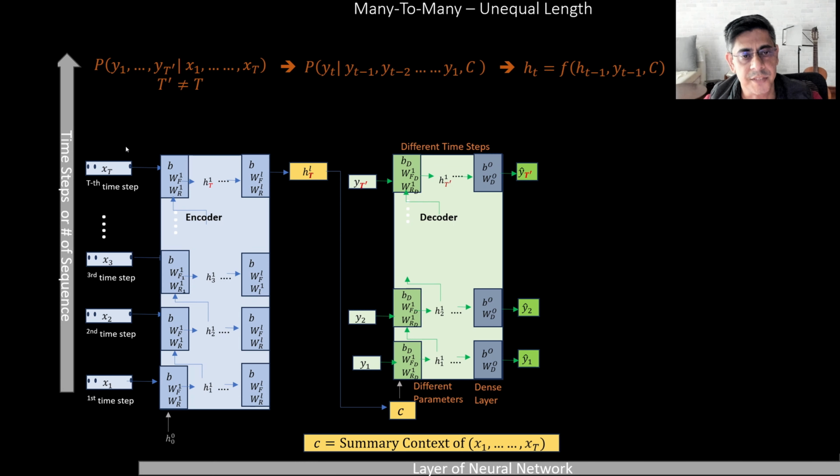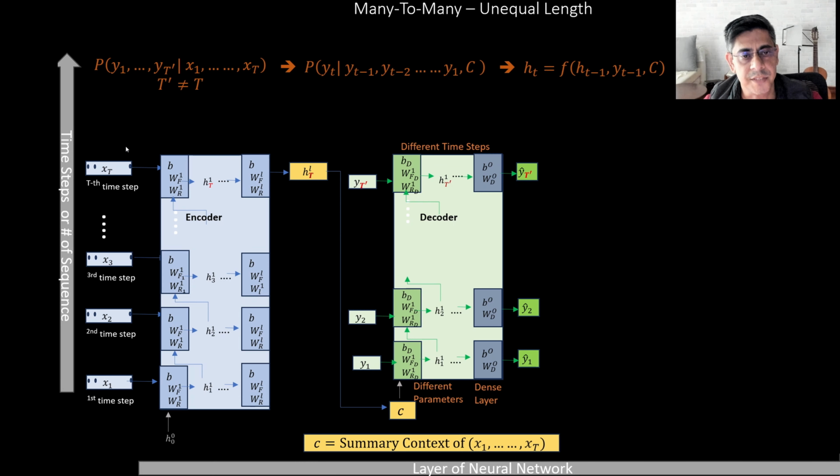Apart from other problems which we discussed for RNN, gradient vanishing, the recurrent nature, this is an additional problem when you are talking about machine translation: because of unequal length, we are trying to pass summary information as a context to the decoder, but as a result the source language information is not properly communicated to the decoder because there is a loss.